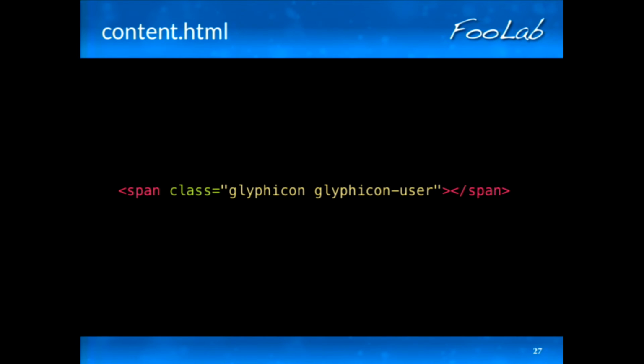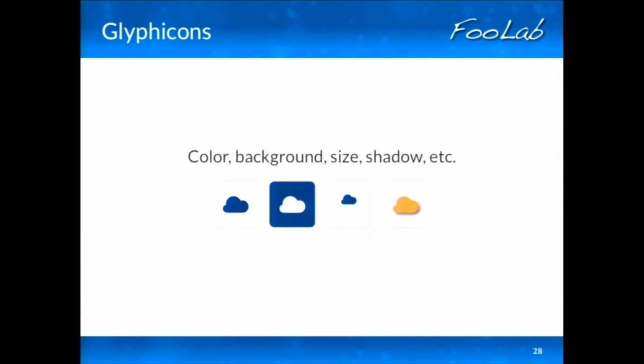You can put them next to menu items, you can put them just like that, you can put them inside buttons. Here's an example. I took a simple span and styled it differently to show you the possibilities. This is a cloud. You can change its color, its background, the size of the font. By resizing the font, you nicely resize the whole image, and you can apply a shadow to it.